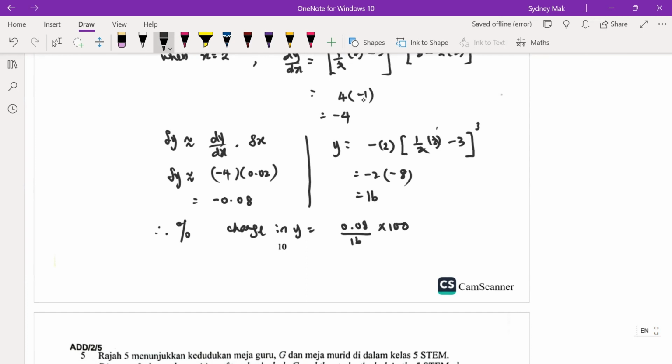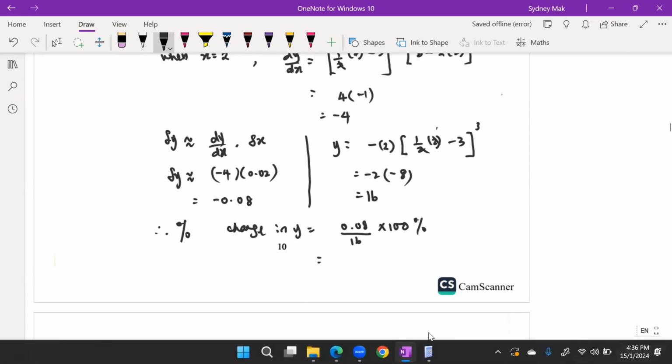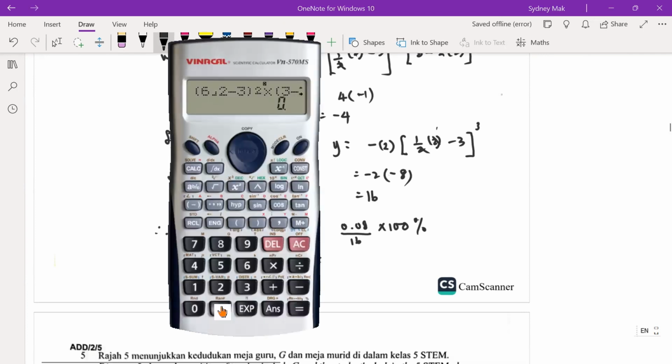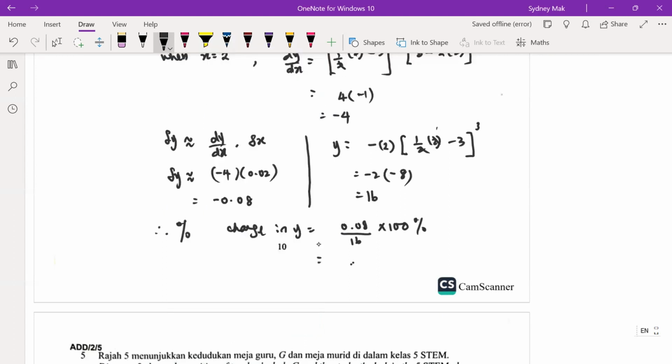Times 100%. Let's just use the calculator. So 0.08 divided by 16, and then times 100. So we got 0.5%. That's the answer.